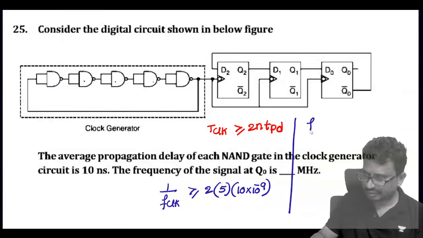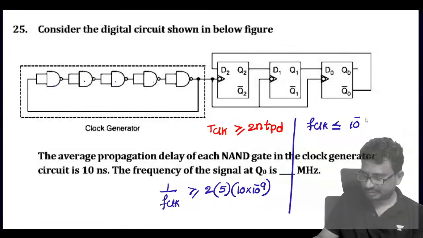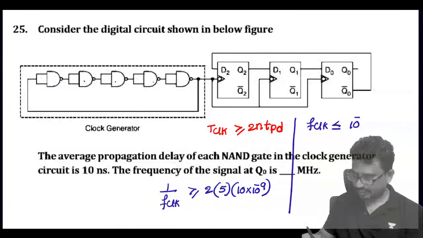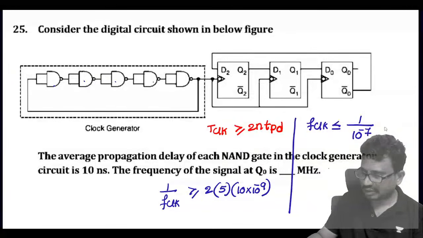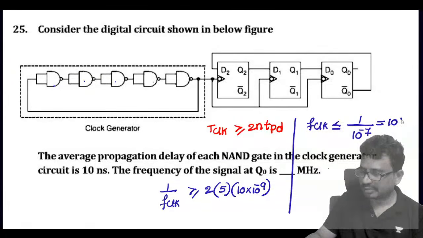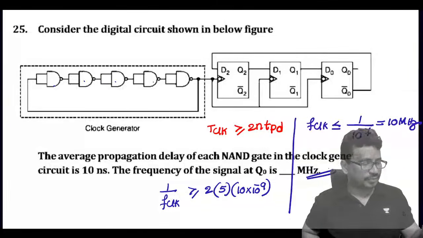F clock should be less than 1 by 10 power minus 7. So F clock is equal to 10 megahertz, isn't it?